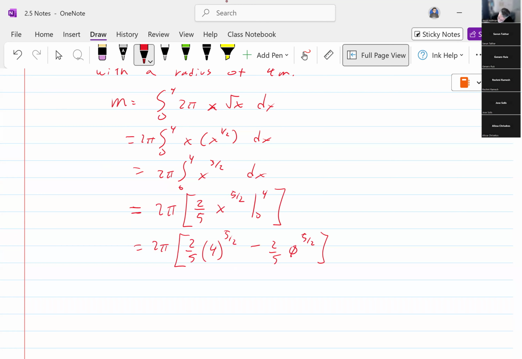Okay, so this thing obviously goes to 0. And 4 to the 5 over 2. Okay, we can rewrite that as 2/5 times the square root of 4 to the 5th power times 2 pi.